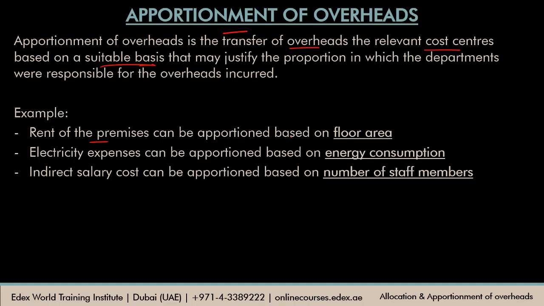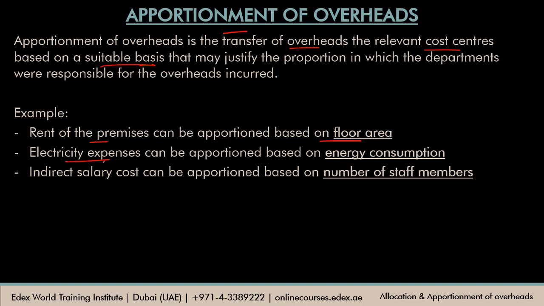Higher the area, higher would be the rent cost. So logically, the department that is occupying the largest area of the factory will have to bear the largest proportion of factory rent. So the rent of the premises can be apportioned over multiple cost centers based on the floor area occupied by these departments.